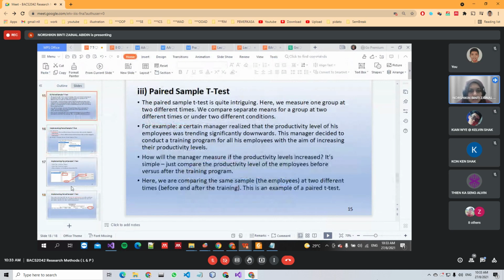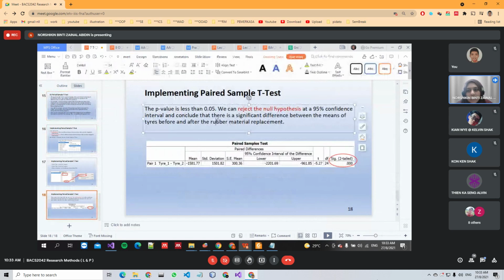Here is not related with the employees. However, this one is the change of their environment. So here is greater than 0.05. So this one we reject the null hypothesis.